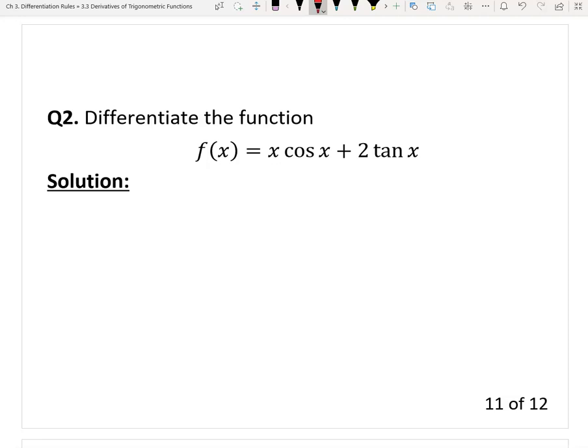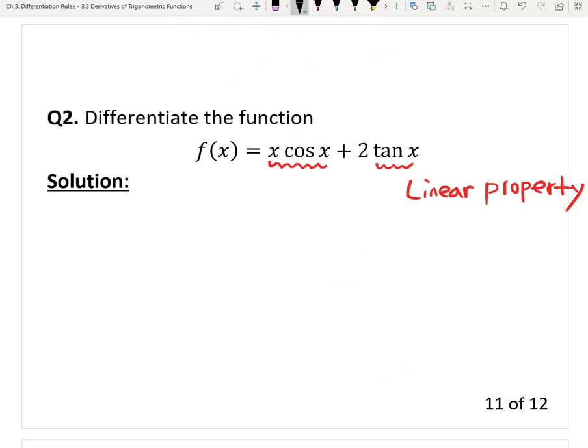If you see this term, 1 times f(x) and 2 times g(x), that's a linear combination of the two functions. The derivative goes to the first term, the derivative goes to the second term, and forget about the coefficient. Remember this. So we're going to use the linear property and see what results we get.